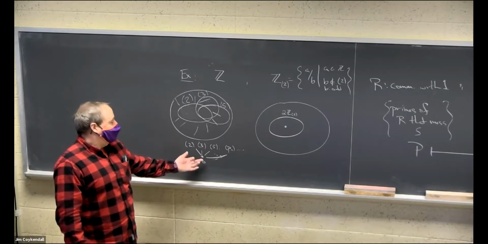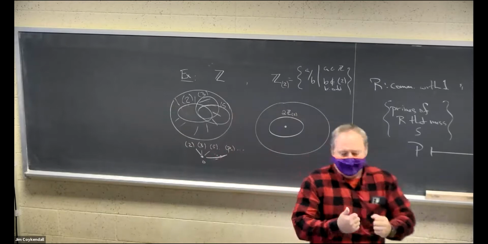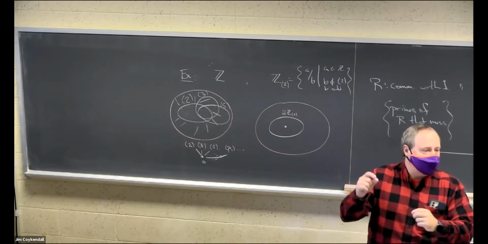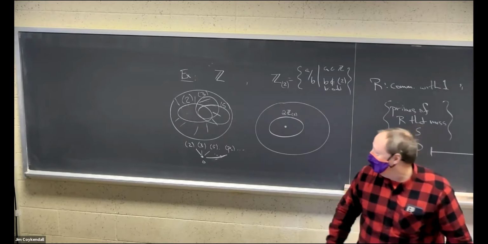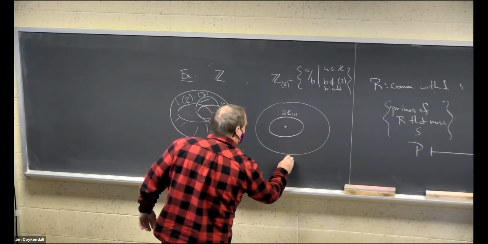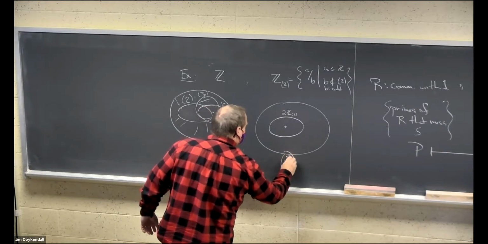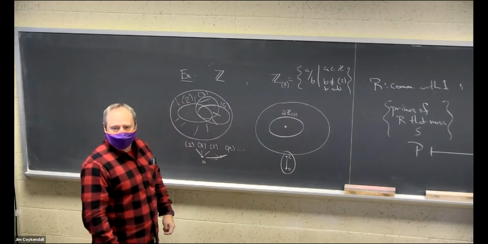So if I were to draw a diagram of prime ideals, 0 is at the base, and it's like a crown, right? You've got 2, 3, all these height one stalks above it. What the localization does is it kills everything except for this part of the stalk.